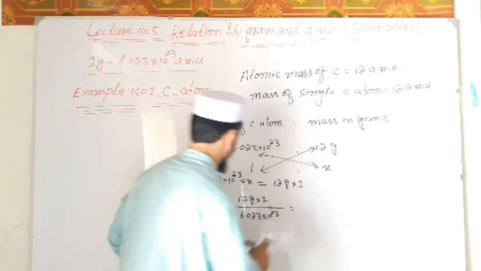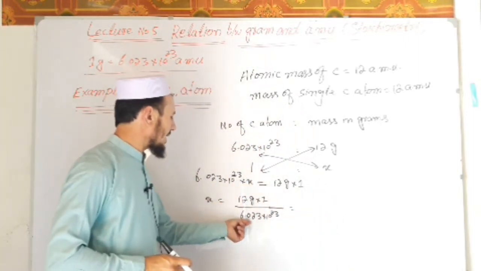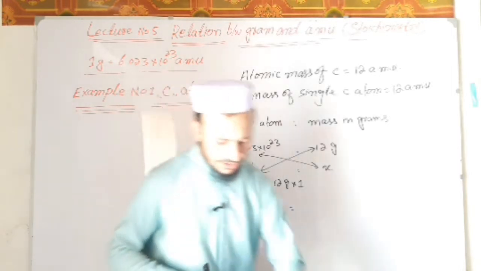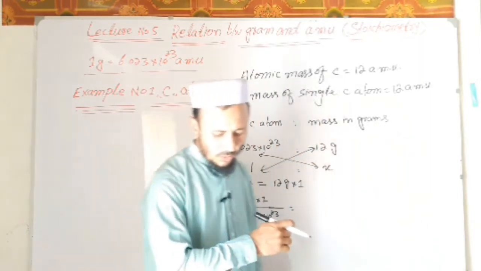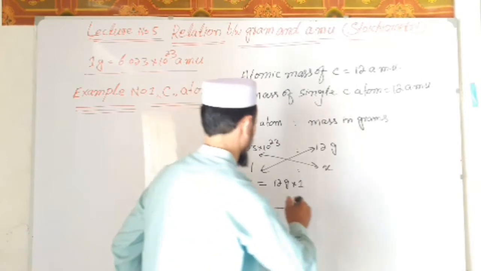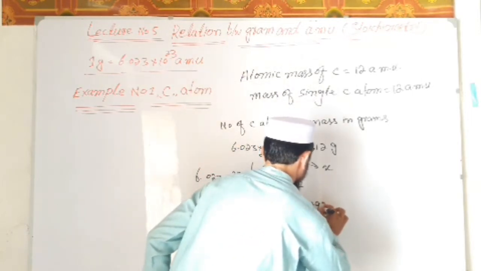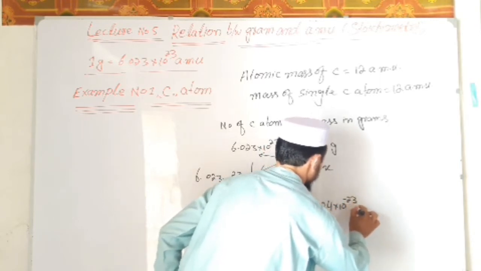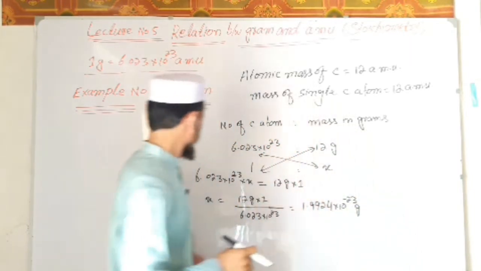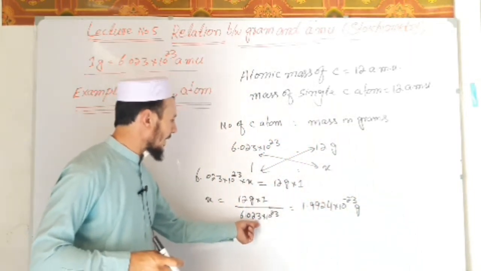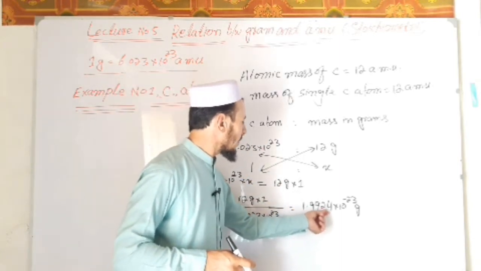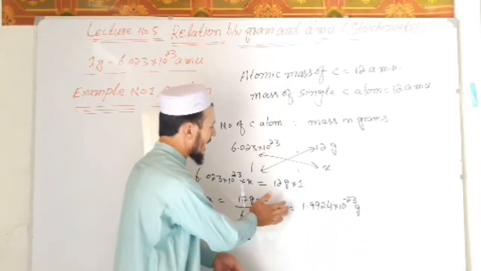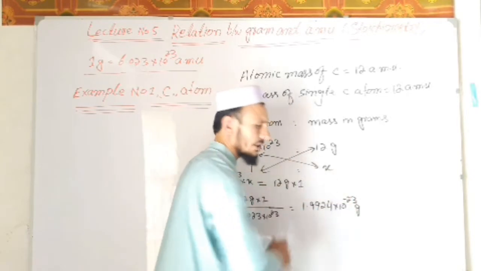So, by dividing 12 by 6.023 multiplied by 10 raised to the power of 23, we will get, dear students, 1.9924 multiplied by 10 raised to the power of minus 23 gram. 12 divided by 6.023 is equal to 1.9924, and 10 raised to the power of 23 in the denominator becomes 10 raised to the power of minus 23.